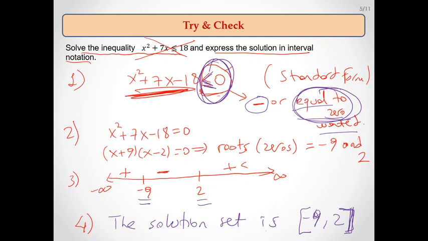It's included, because 2 is a zero, 2 makes the equation 0. So the equality case is wanted, so we put the brackets here. If you have equal case, the equal case gives you the brackets in polynomial inequalities.